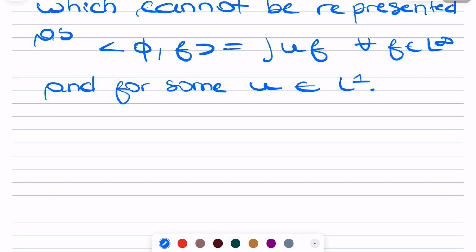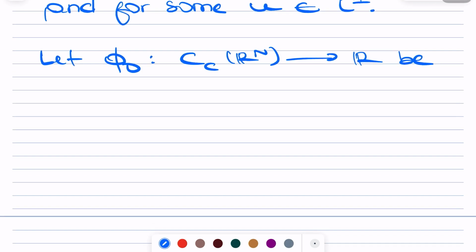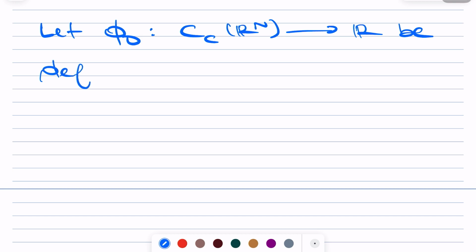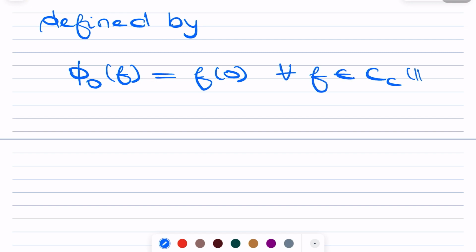So let phi 0, defined from the space of continuous functions with compact support into R, be defined by phi 0 of f equal to f of 0, for all f in C_c of Rn.